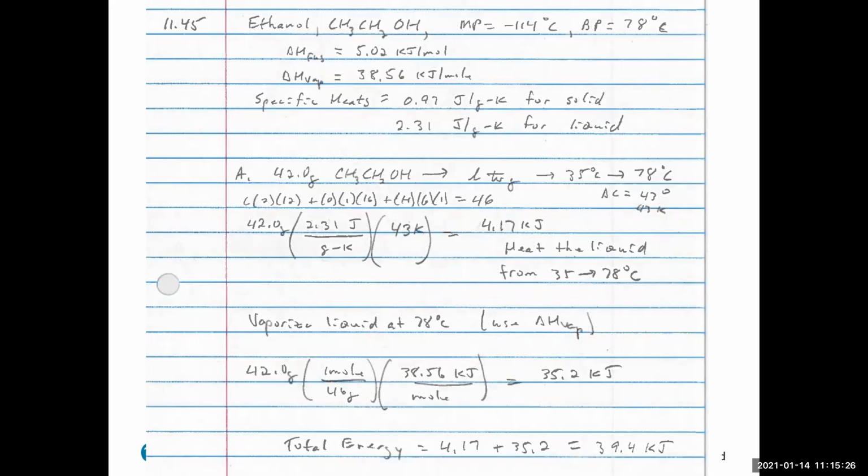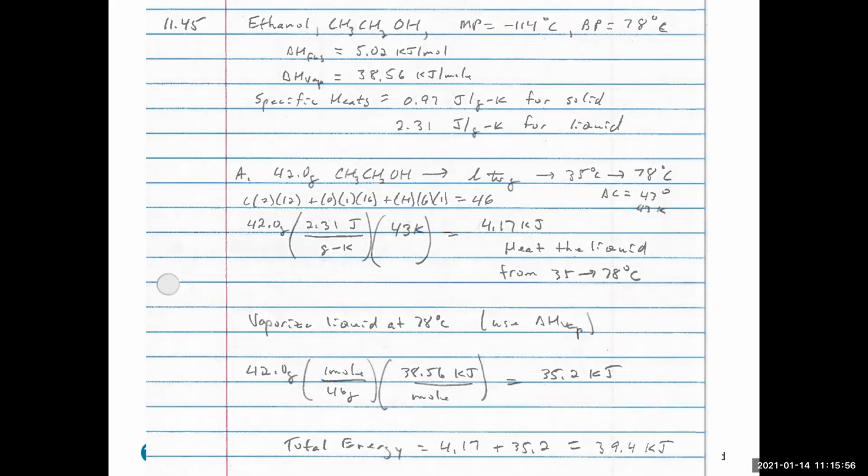Then it tells us that the specific heats for solid and liquid ethanol are 0.97 and 2.3 joules per gram Kelvin for those two. Then it wants us to say how much heat is required to convert 42 grams of ethanol at 35 degrees C to vapor phase at 78 degrees C.